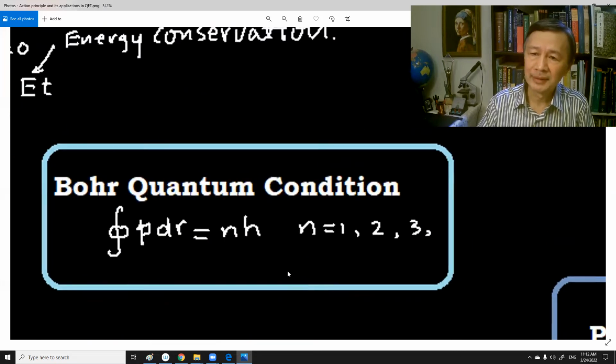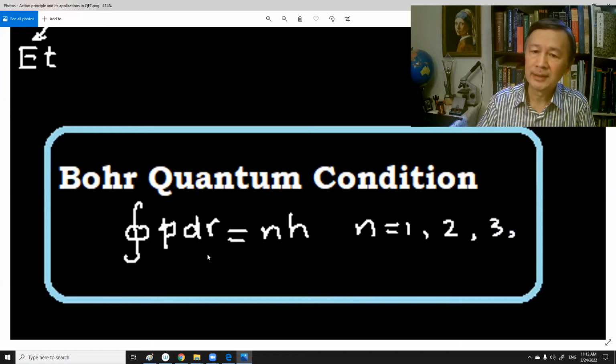You can see that? So this is actually the quantum condition Niels Bohr proposed in 1923.